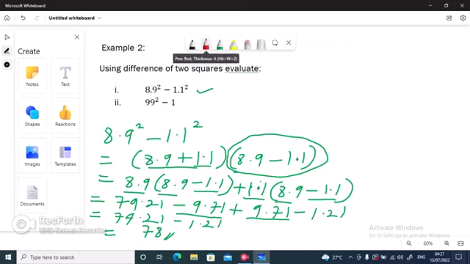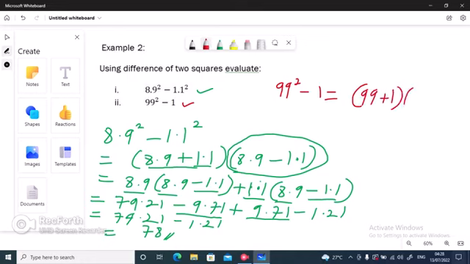So let's solve the last one. So let's solve this second one, which is 99 square minus 1. Take note, difference of two squares is applied. So we expand this, we have 99 plus 1, close our bracket, open another bracket again, 99 minus 1.